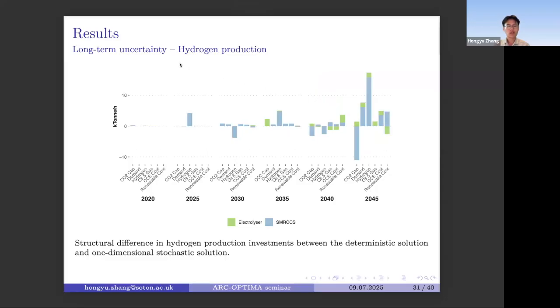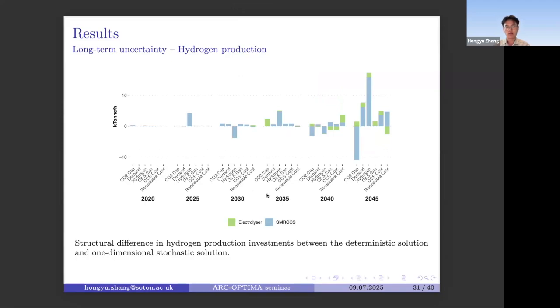So we also take a look at the hydrogen production, the difference in hydrogen production capacity, comparing the stochastic cases with the deterministic case.